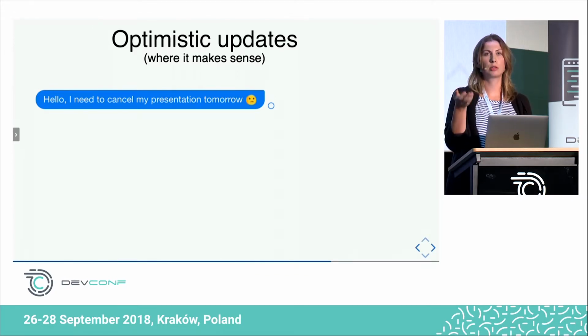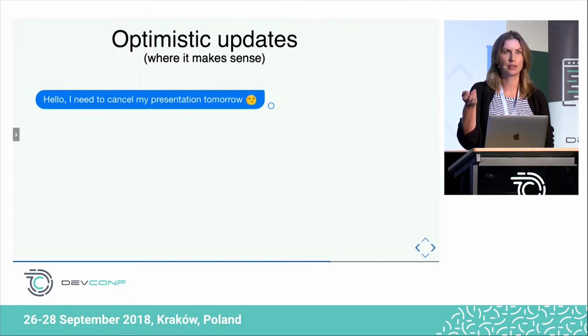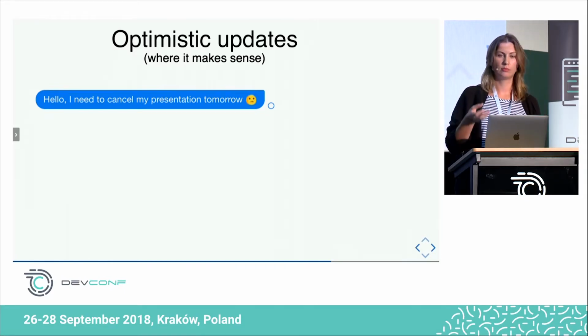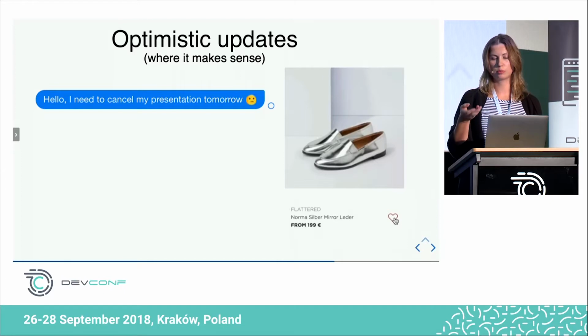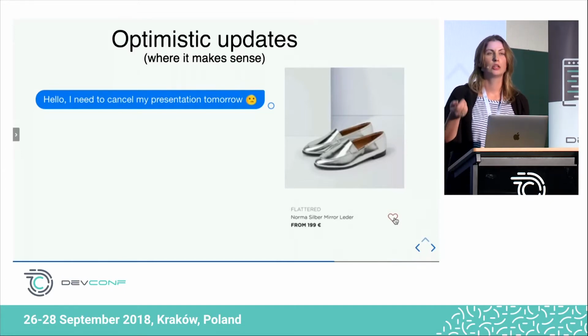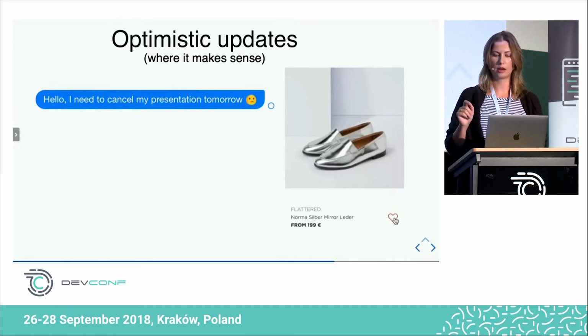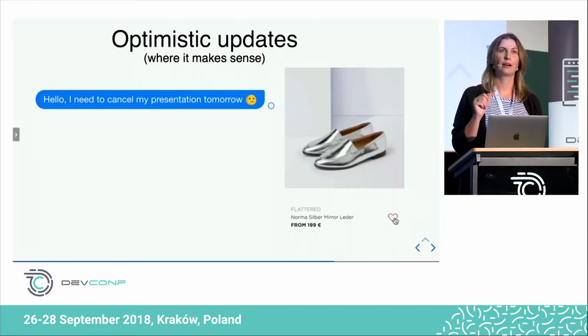If this message won't be delivered, probably it's not a big deal for you, unless it's some crucial life-saving information. But still you get the impression that it was sent, and the performance is a little bit better than nothing or an empty page. We use that, for example, for likes and favorites. If the customer hits the heart, we show immediately that it was added.